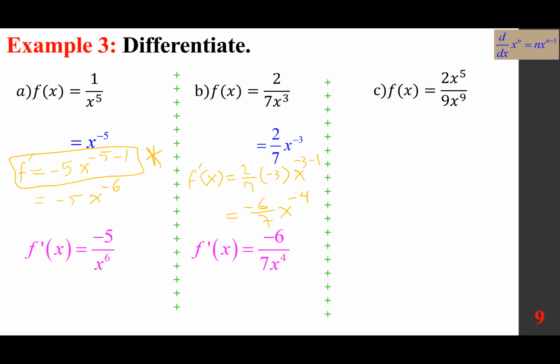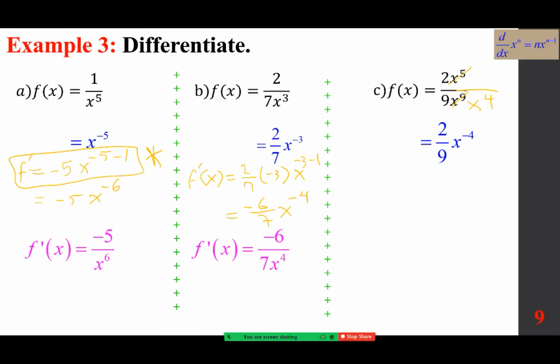F of x is 2/9 x to the power of -4. I hope you realize that this cancels out this one and gives us x to the power of 4 in the denominator.